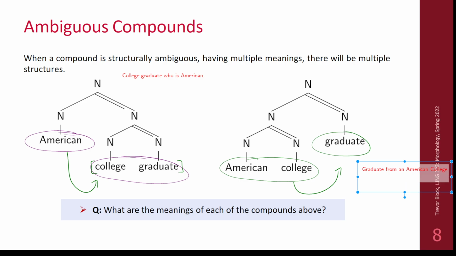The one on the left says that the graduate student is American. It's an American college graduate. But they could have graduated anywhere in the world. And on the right side, we're saying that someone graduated from an American college, but we don't know whether the graduate themselves are American or not. So the structure will depend on the interpretation you get.